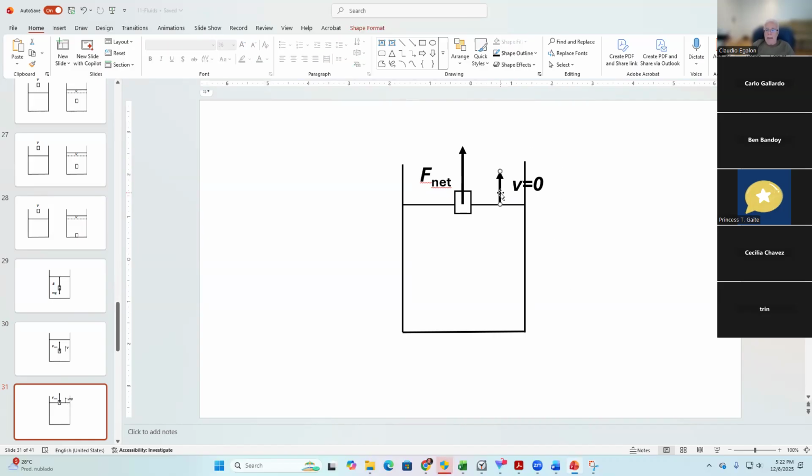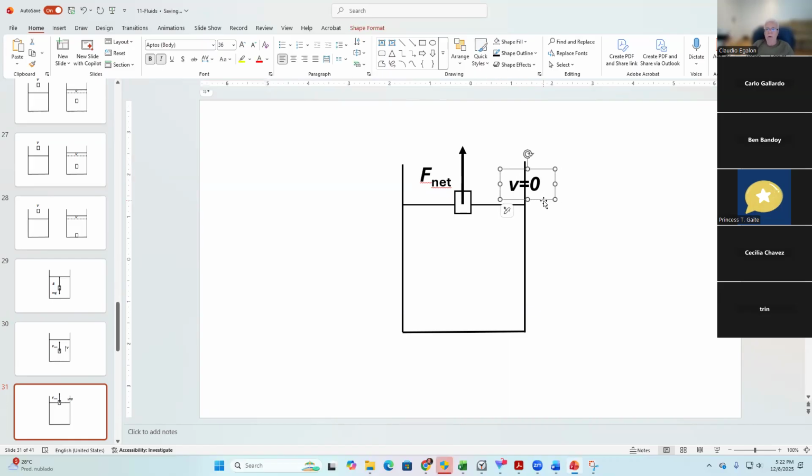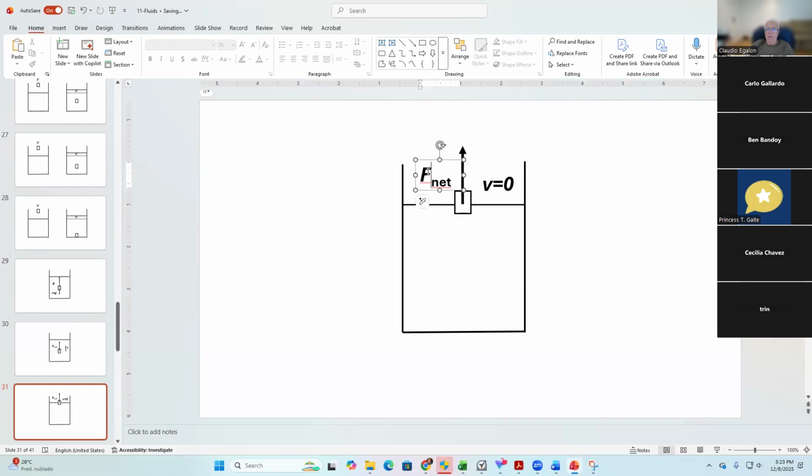Okay, we can erase this arrow, this vector. The net force is going to be 0 because now the object is floating. There will be a buoyant force.